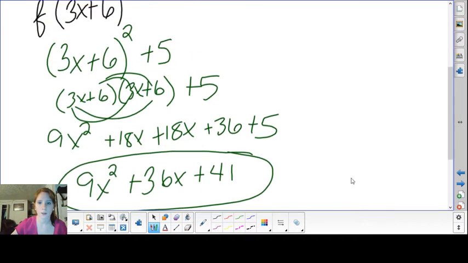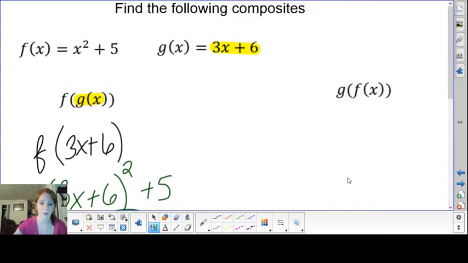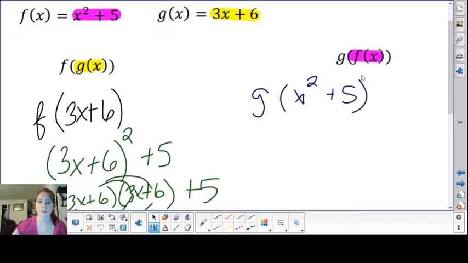Taking a look at the second one, though, I'm going to plug my f of x in. So I have g of x squared plus 5. And my g is 3x plus 6.